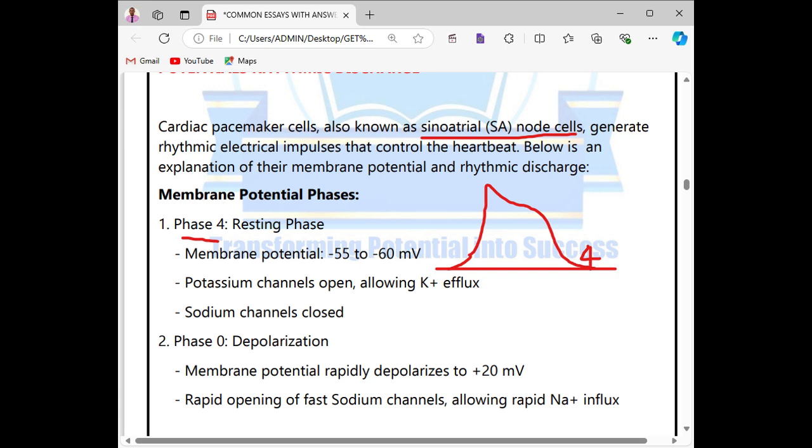So when we talk about membrane potentials, remember we have different cells. Are we together?